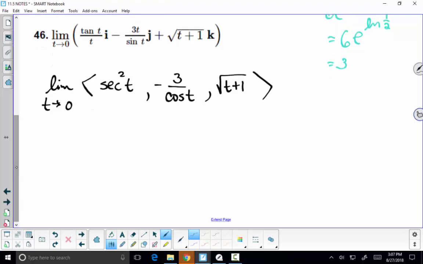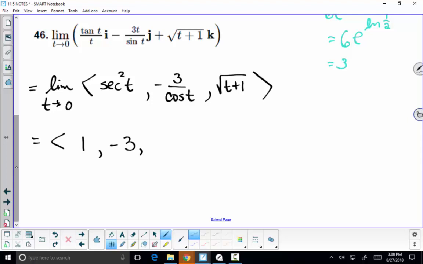All right, so now we're good to go. Secant is the reciprocal of cosine. Cosine of 0 is 1. The reciprocal of 1 is 1. 1 squared is 1. So we get 1. Cosine of 0 is 1. So we end up with -3.